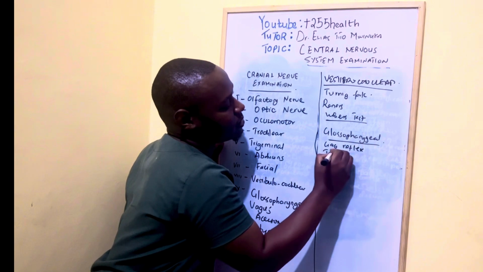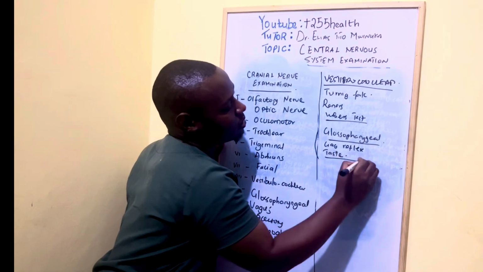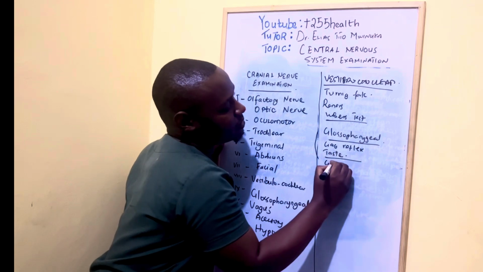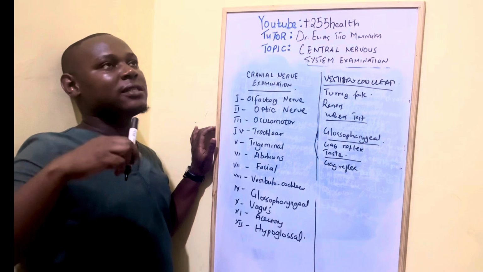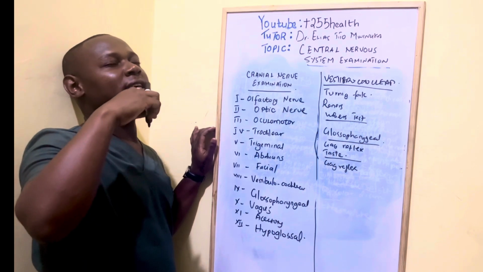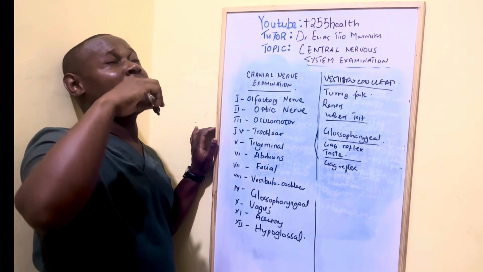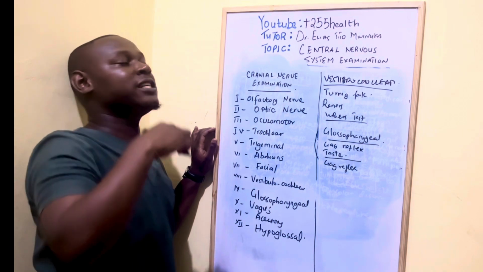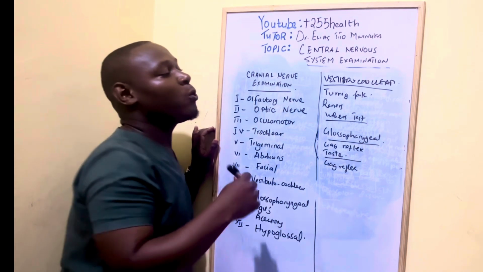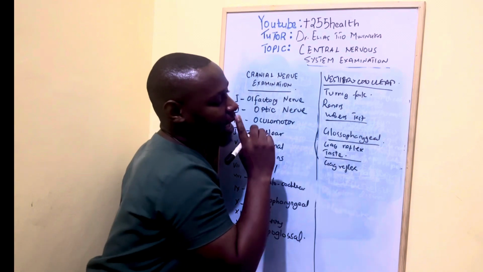In the gag reflex, you take a cotton bud, you ask the patient to open the mouth, and then you go to the most posterior part of the pharyngeal muscles, and then you try to release it, and in response, the person will gag. So that is the gag reflex.